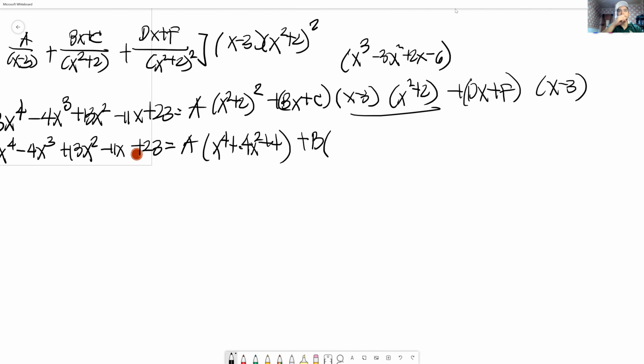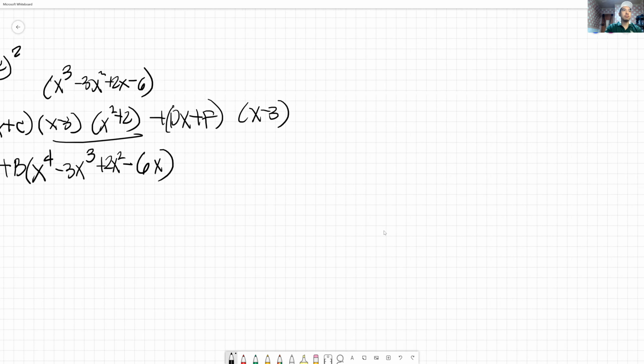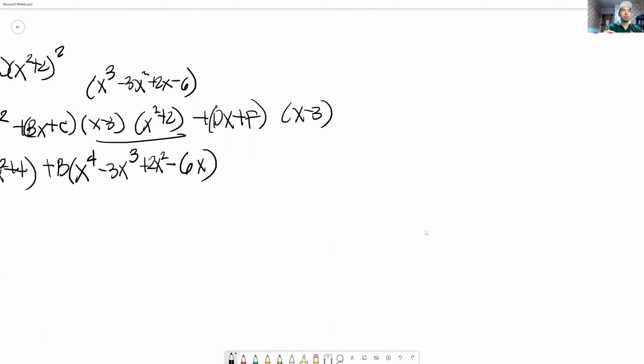So for b, that would be x raised to 4 minus 3x cubed plus 2x squared minus 6x. So for c, that would be as is. So x cubed minus 3x squared plus 2x minus 6.